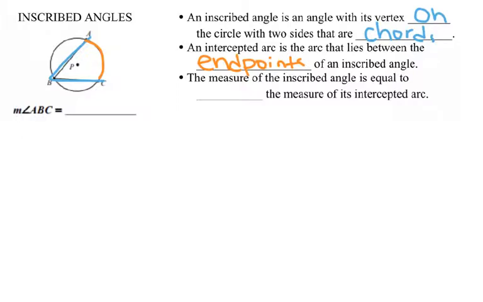And then the last thing, the measure of the inscribed angle is equal to half the measure of its intercepted arc. So here's what I mean. This angle ABC is equal to 1/2 of the measure of arc AC. So that's what you need to know in order to solve the problems for today.